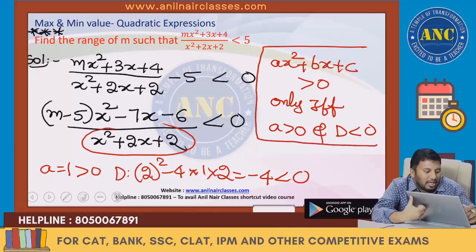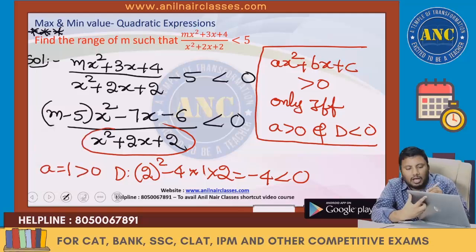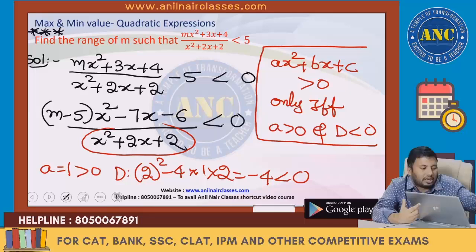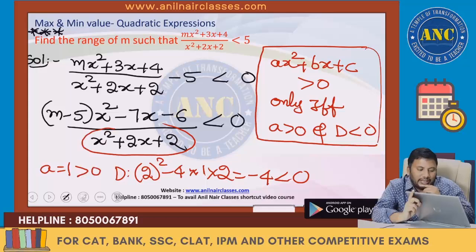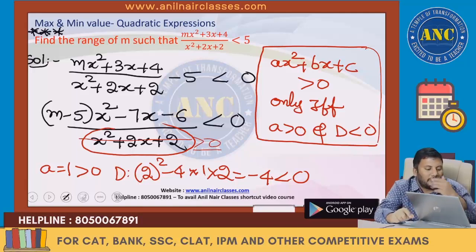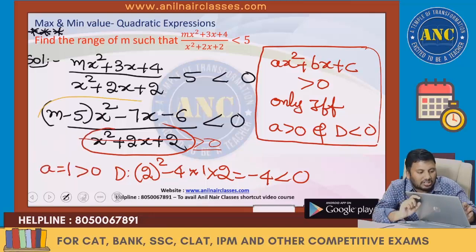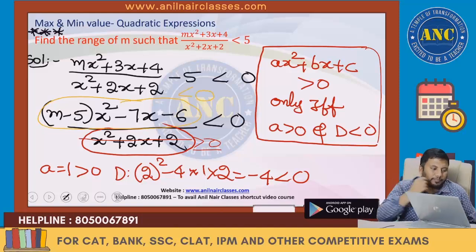Directly, I don't need to take two cases. Automatically the denominator is greater than 0. If the denominator is greater than 0, the numerator will be less than 0, and the entire expression will be less than 0.